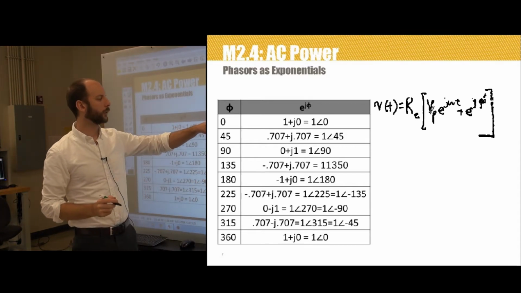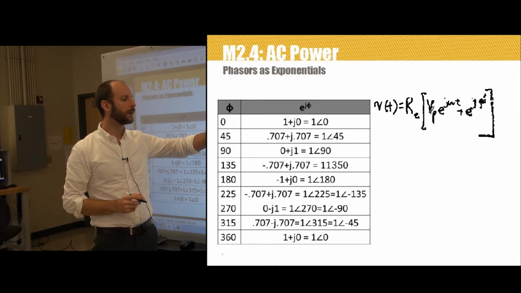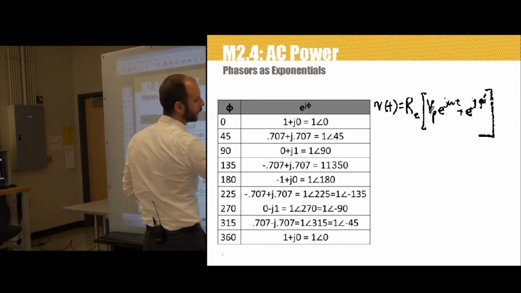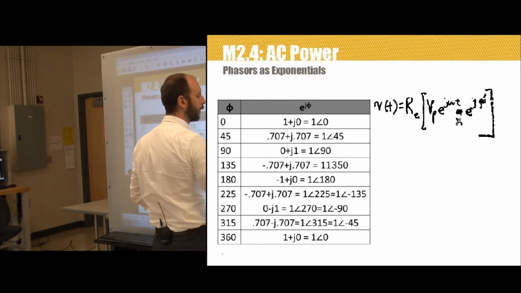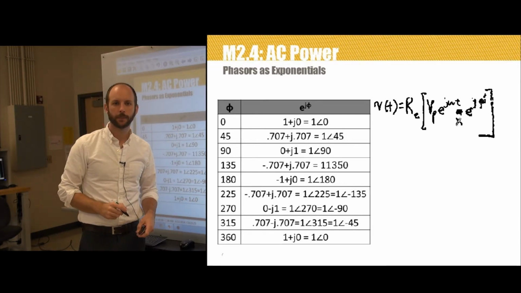So again, the voltage as a function of time is equal to the real part of V peak times e to the j omega t. Oh, sorry, I wrote plus. That should be times e to the j phi.